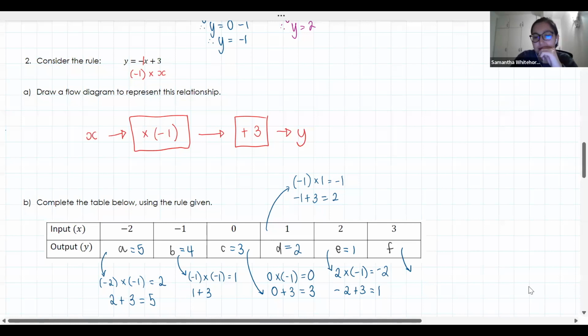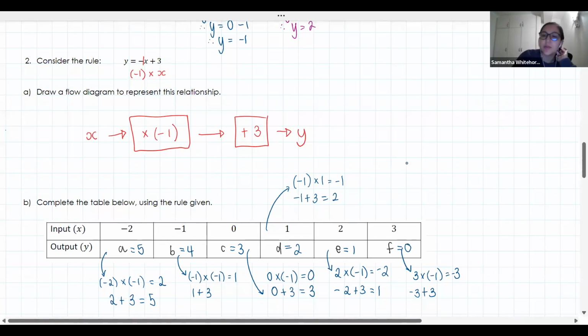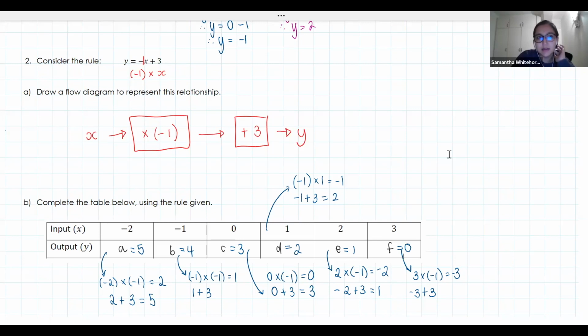Ma'am, for F, I said 3 times -1 is equal to -3. Good. Plus 3 is equal to 0. Excellent. Well done. So guys, what we need to be careful of there is that we've got a -3 plus 3, so we end up at 0. Excellent, Chantal. Thank you very much. Well done.